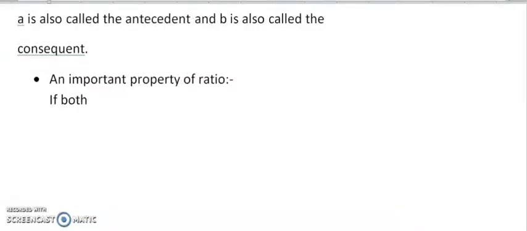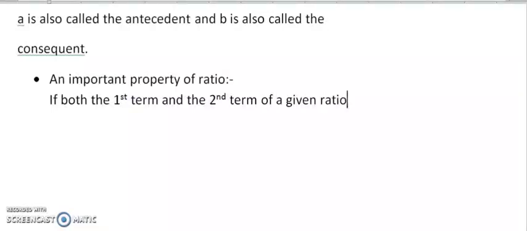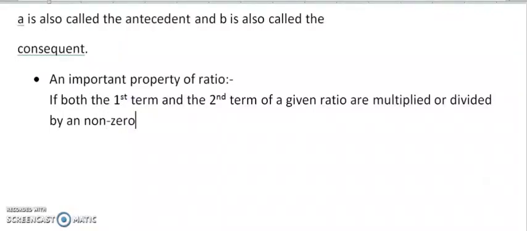If both the first term and the second term of a given ratio are multiplied or divided by a non-zero constant, say m, then the value or the ratio remains unchanged.